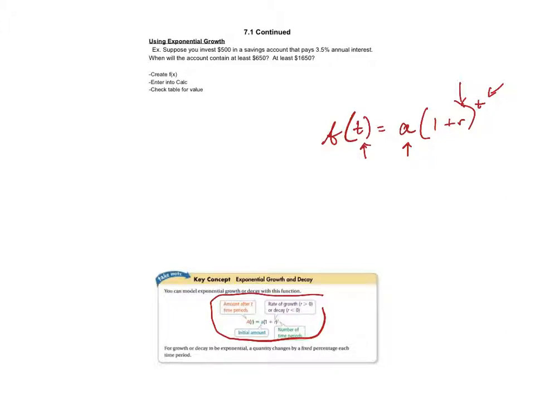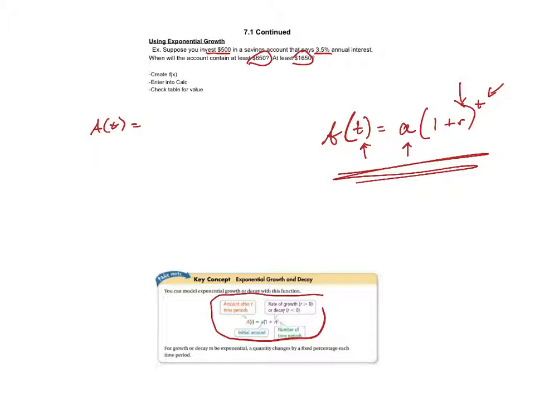So looking at this, if we invest $500 into a savings account at 3.5%, when will the account be $650 or $1,650? Well, if we use this formula right here, we have some amount over time is going to equal, what is the first part of my equation?